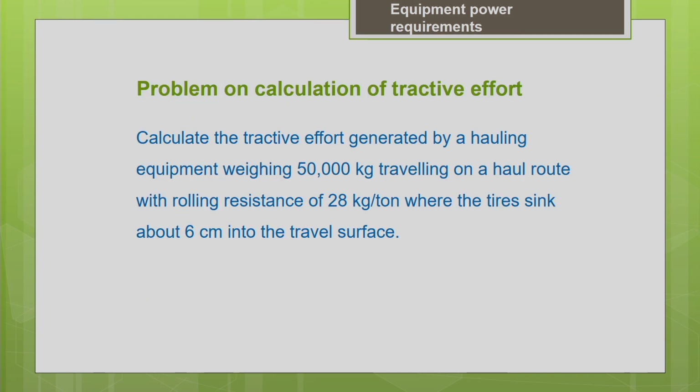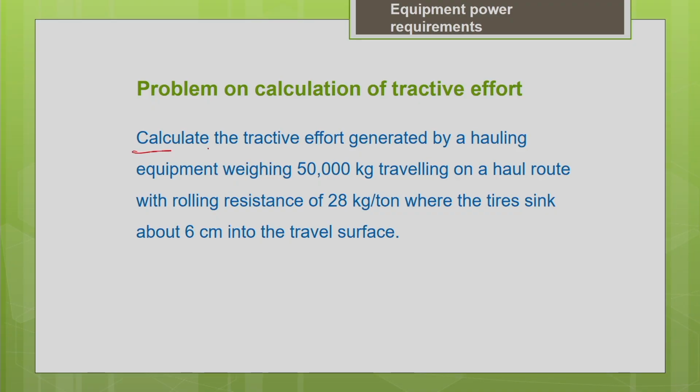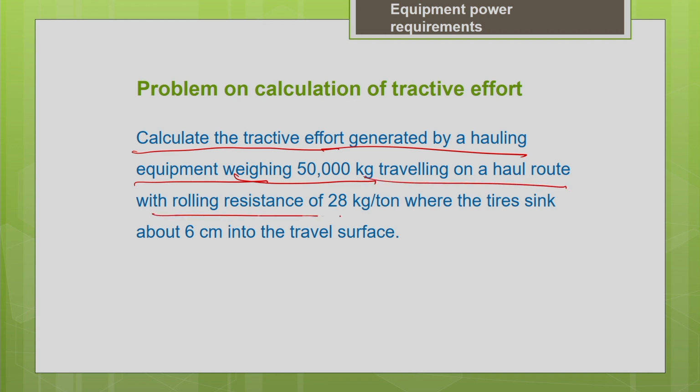Now, for better understanding, let us work out a problem on calculation of the tractive effort. Calculate the tractive effort generated by a hauling equipment. Its gross weight is given as 50,000 kg. It is travelling on a haul route. Its rolling resistance is given to you directly. You can take it from the literature for that particular haul route.